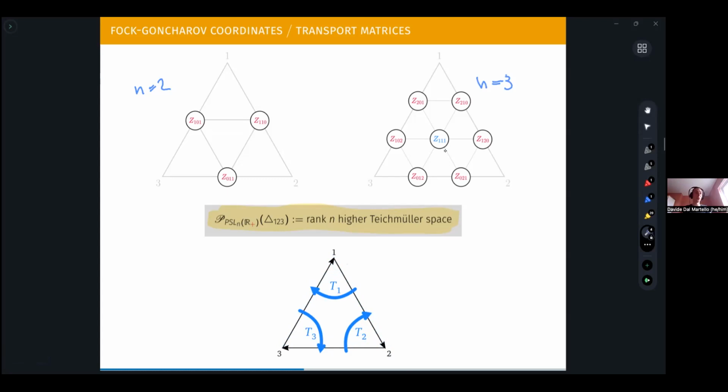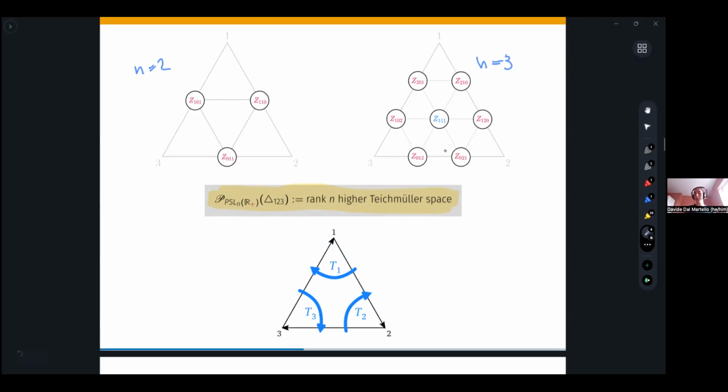This is exactly what these Ti are. So T1 sends the projective basis here to the projective basis there, and accordingly for the other Ti. These are going to be the building blocks for the construction of my candidate generators.